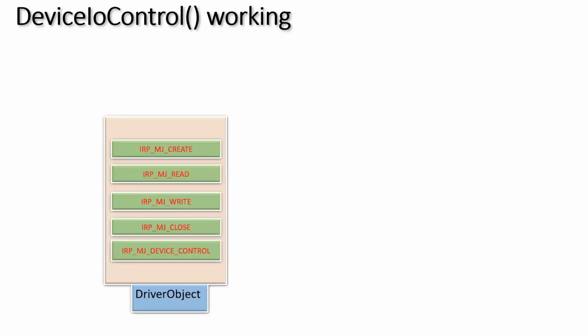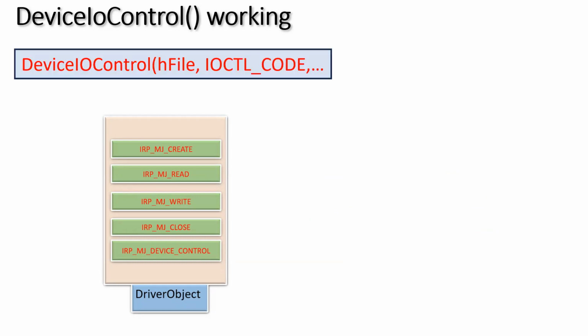So here is how the DeviceIoControl API works. It takes the first parameter as the handle to the device object, and the next parameter is the IOCTL code, which we showed in the previous slide.